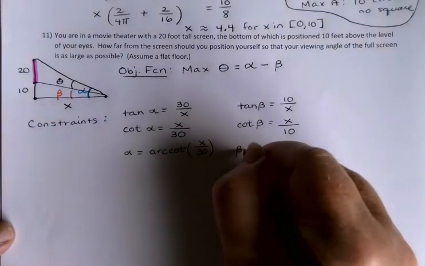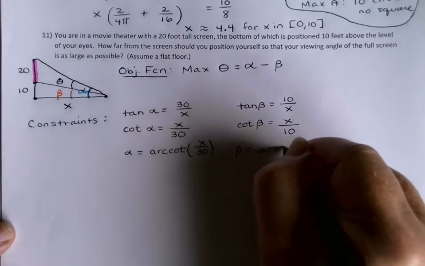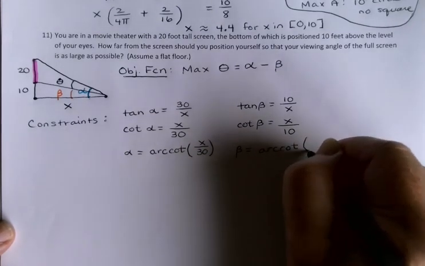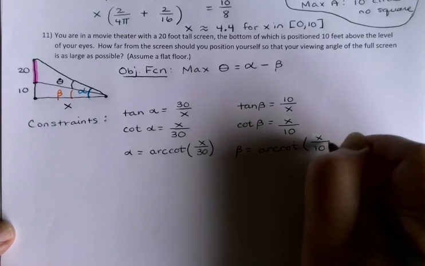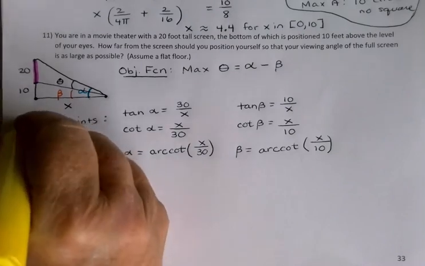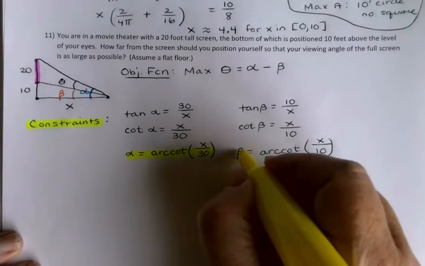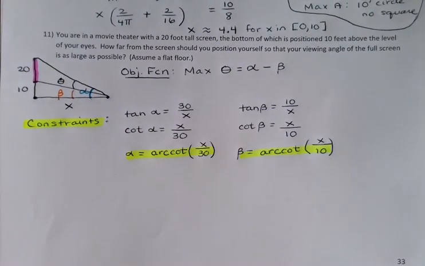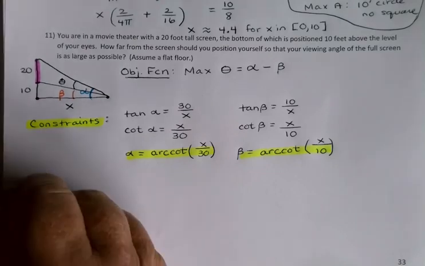And so beta is the arc cotangent of x over 10. So those two equations, those two constraints, I will use to plug into my objective function. And then I'll have just the one variable x to work with, which is okay.